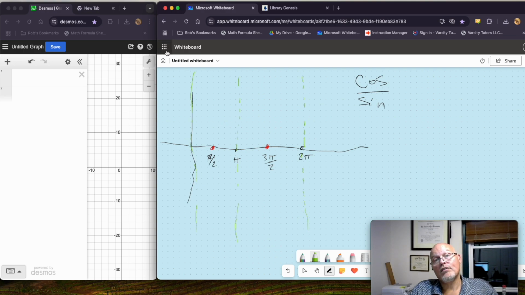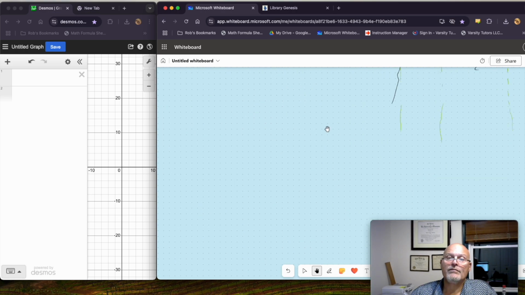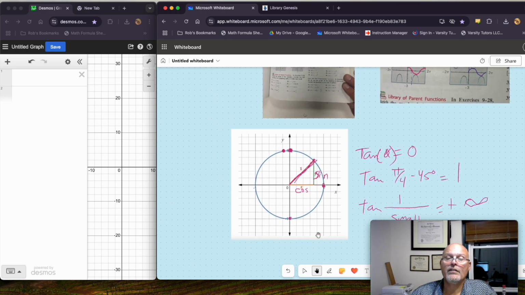Okay, so now what's going to happen as we get close? So as I get close to 0, if I'm a little bit above 0, let me get my unit circle again. There it is.